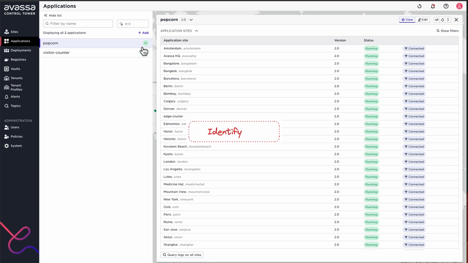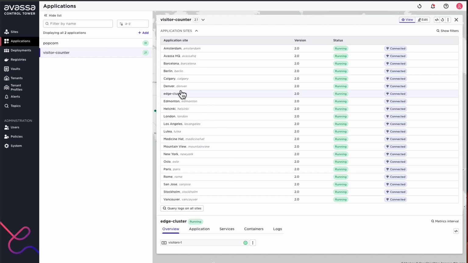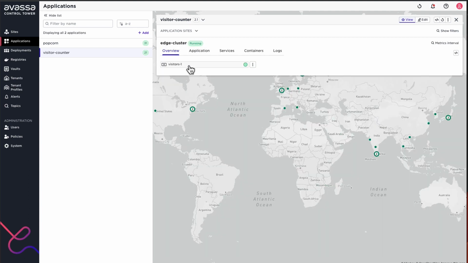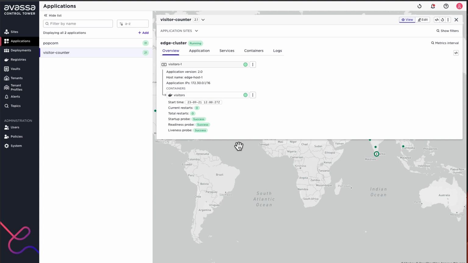Let's drill down into one of the sites then. Let's pick our old friend, the Edge cluster here. So when you pick your application and navigate all the way down to a specific site, now I'm looking at an application instance, so to speak, running at one specific site, one specific cluster. Here you get an overview of restart counters, the structure, and an indication of which host it's running at.